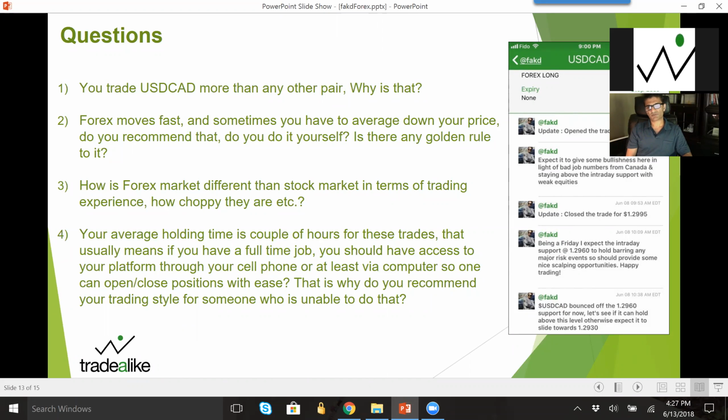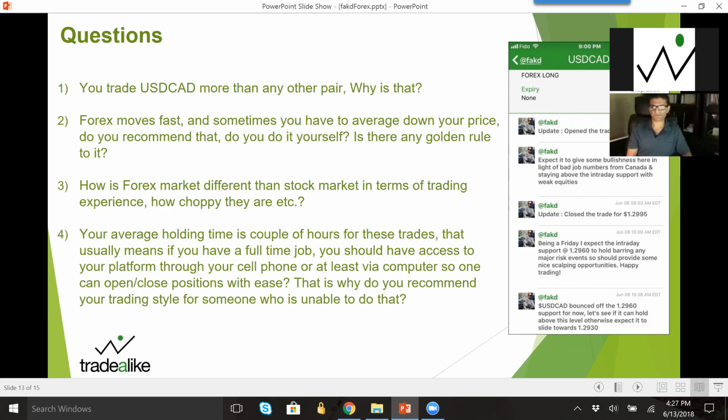So it's much more liquid. It is much more volatile than stocks as well. Again, it depends on what pairs you are trading, but generally speaking, it's a little more volatile than stocks. There are choppy days like stocks, but they're fewer and far in between. But you get enough opportunities, much more opportunities in Forex.